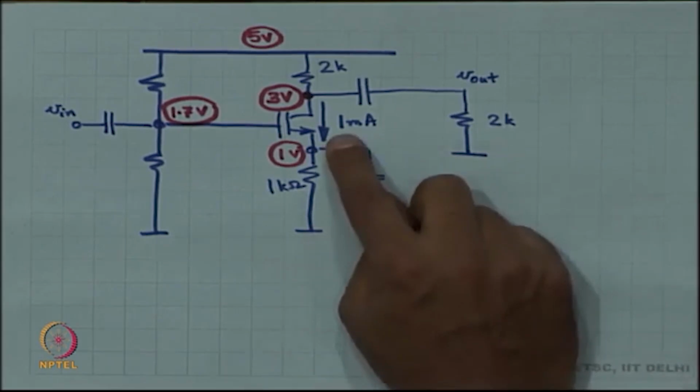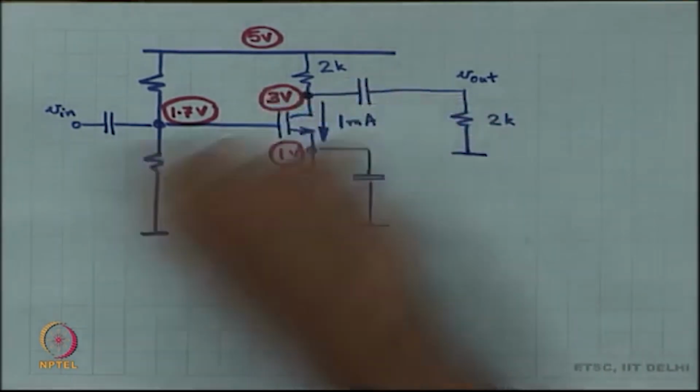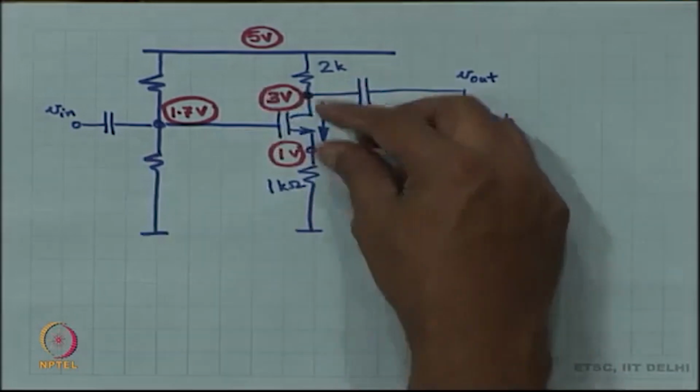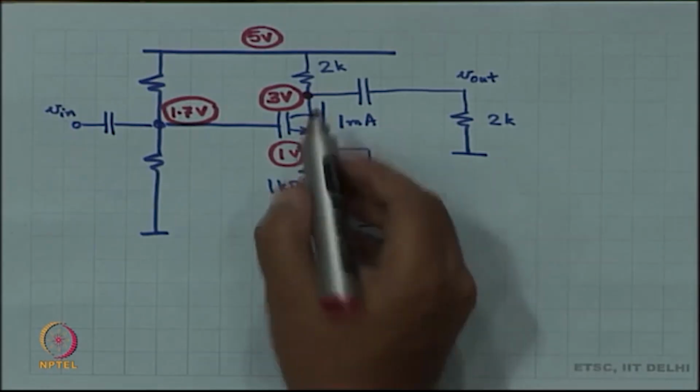Condition number 1 is that VDS has to be more than VGS minus VT at all times. Condition number 2 is ID has to be more than 0 at all times. So, these are the two conditions that you have.